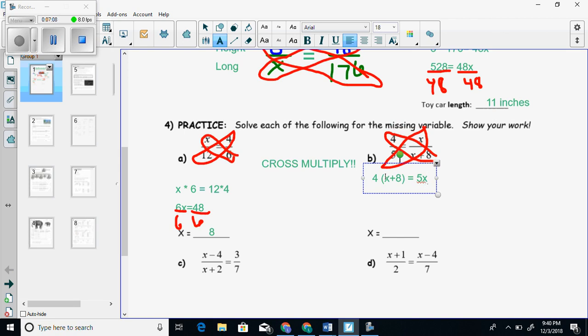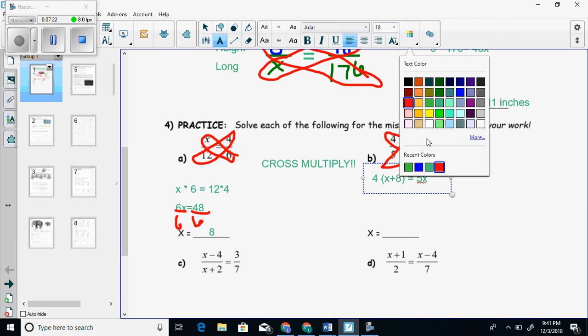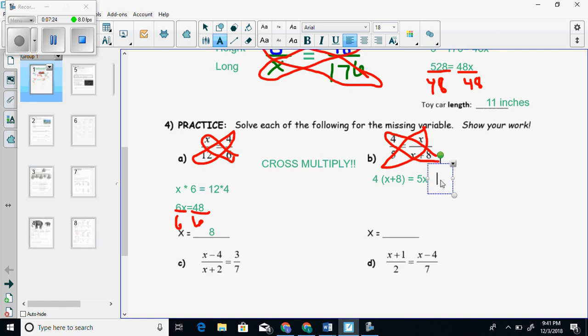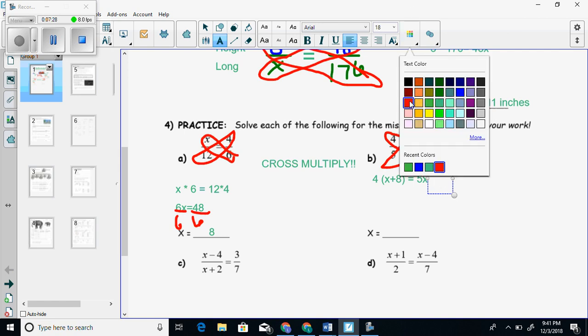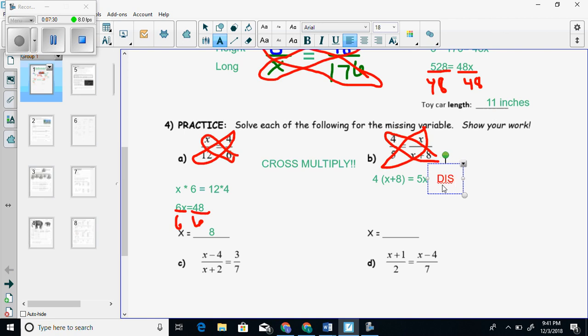Now, whenever you see a larger quantity like this, you're going to put it in parentheses. Why? Because you need to remember to distribute. So write a little note to yourself there.